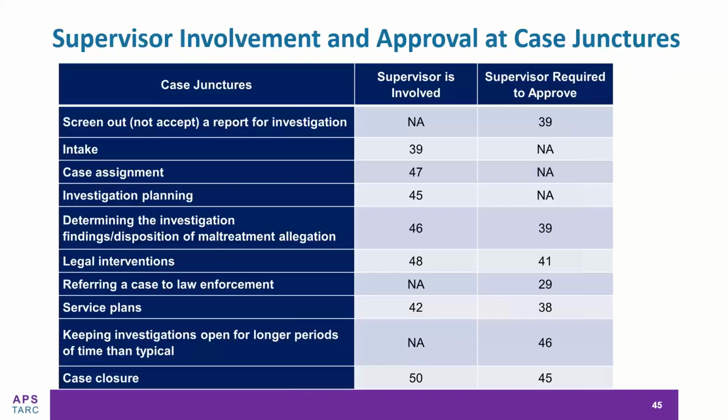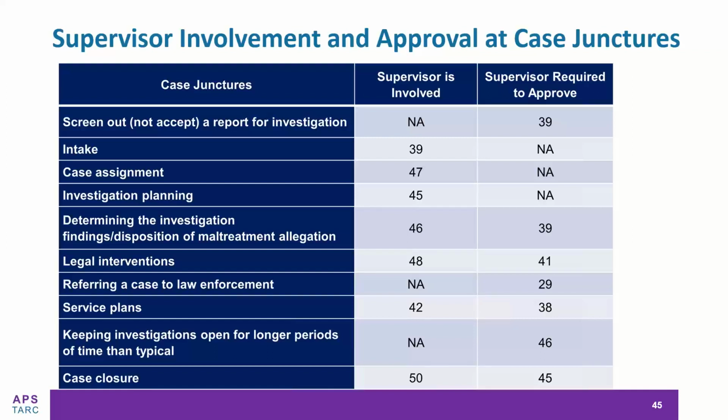So the next slide shows the supervisor involvement and approval at critical case junctures. This comes from a couple of different questions in the practice survey. We asked whether the supervisor was involved. We asked whether the supervisor was required to approve. And so you can see in those case junctures that supervisor involvement and supervisor requirement to approve is pretty high across the board.